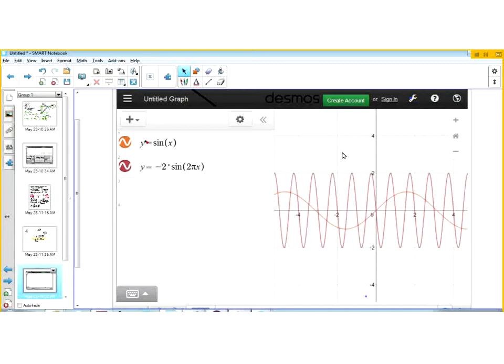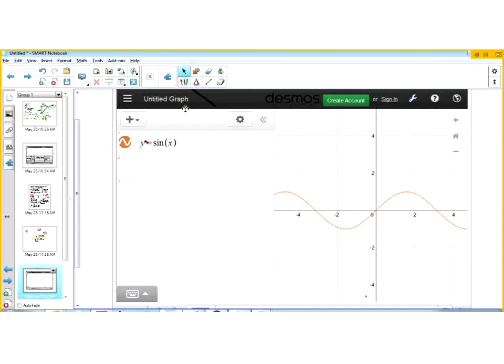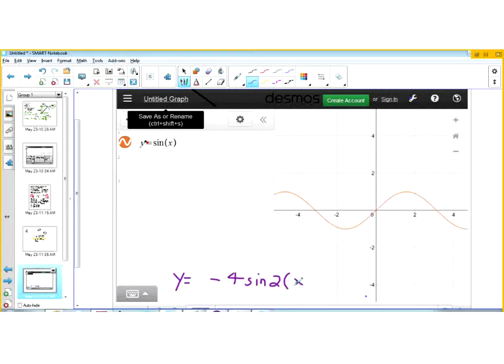All right. So next graph, let's get rid of this one. Let's combine all of the operations, except without a vertical shift. All right, I won't do a vertical shift. So y is equal to negative 4 sine of 2, I'll go ahead and factor this for you, of x plus pi halves.